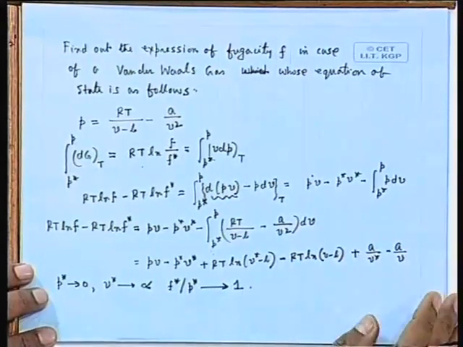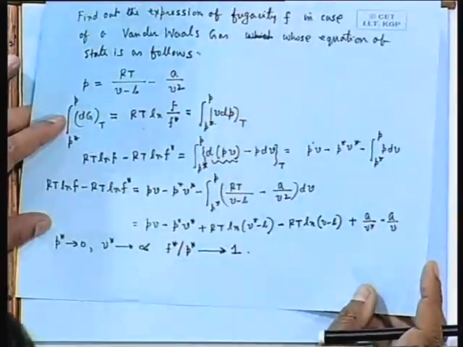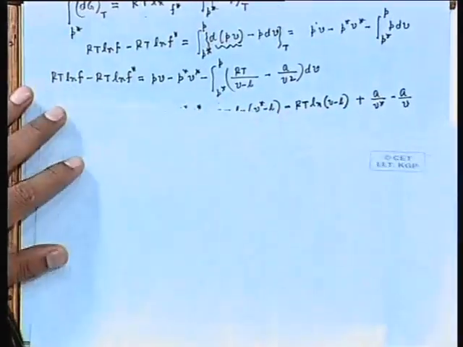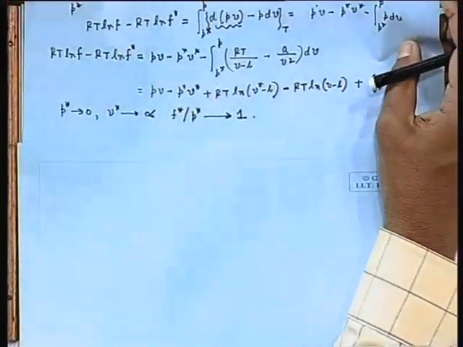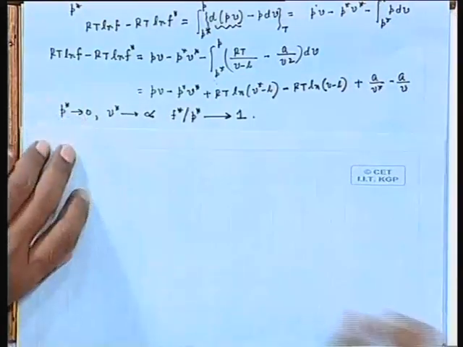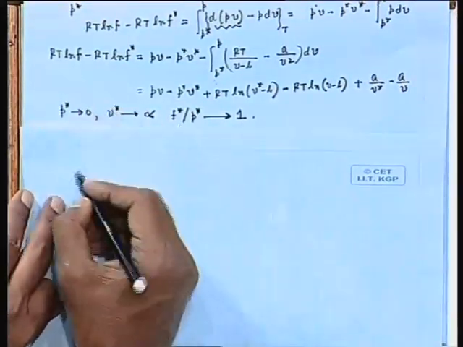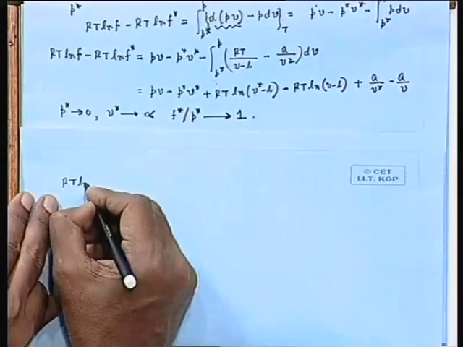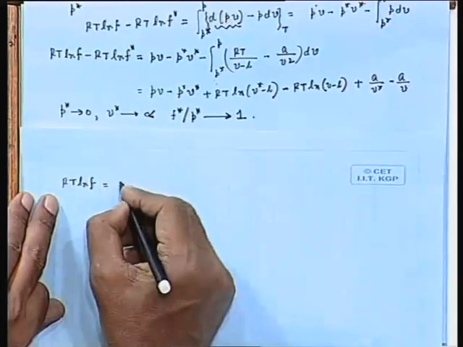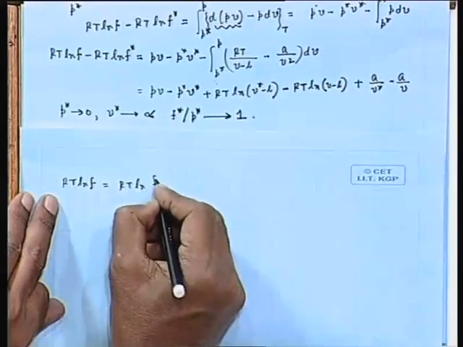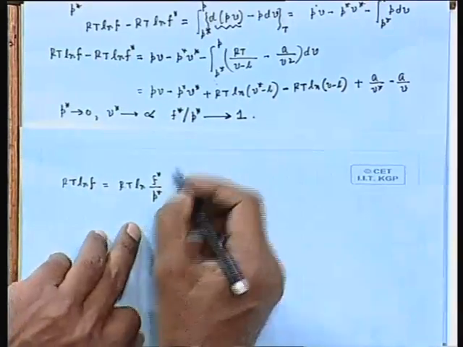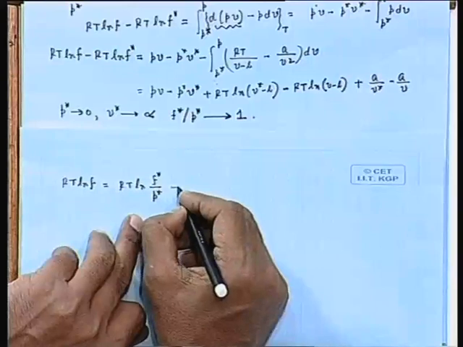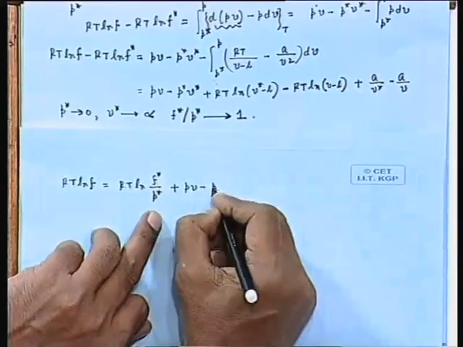So what you do now is write RT ln f equals RT ln f star minus RT ln P star plus RT ln P star, you understand? So plus PV minus P star V star.